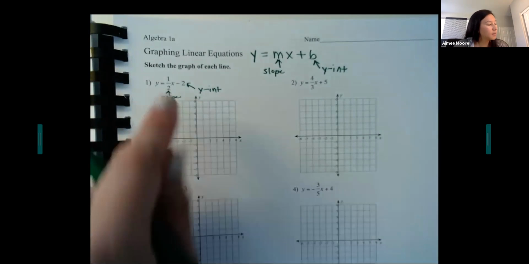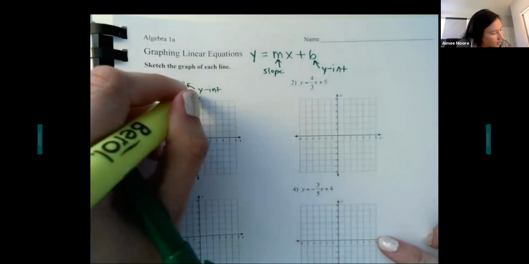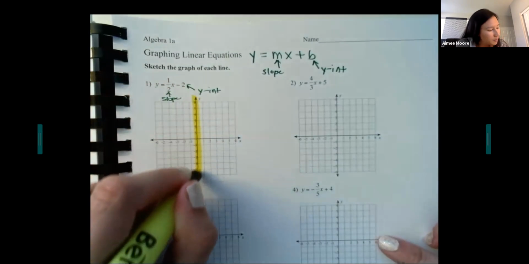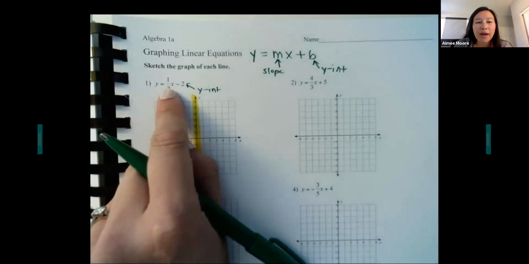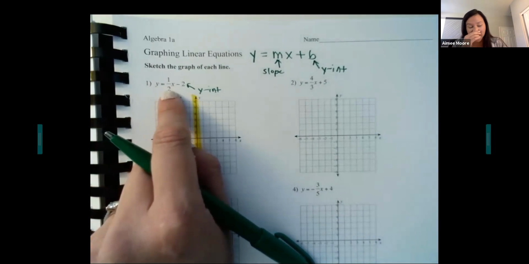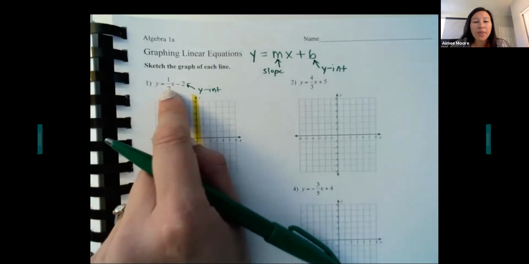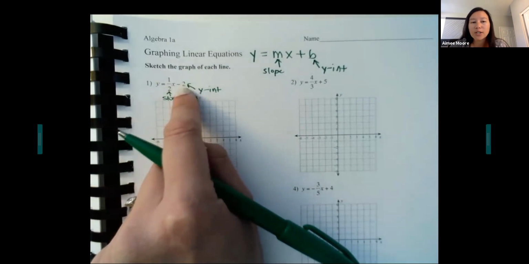So our y-intercept, remember that's where our graph crosses the y-axis. Okay. So the slope's always the number in front of x. So they can switch it on you, but just know that the one that's attached to the x is always the slope. And then the one that's just a number all by itself is the y-intercept.